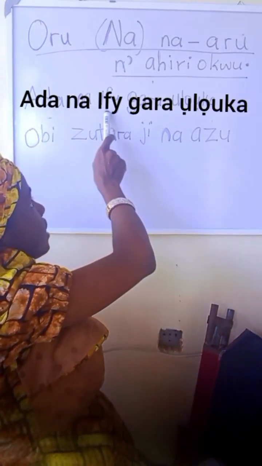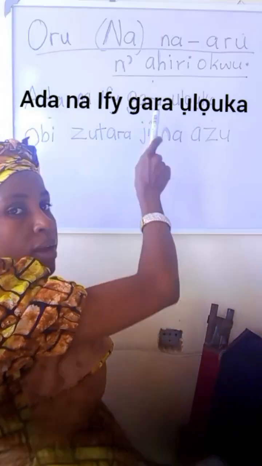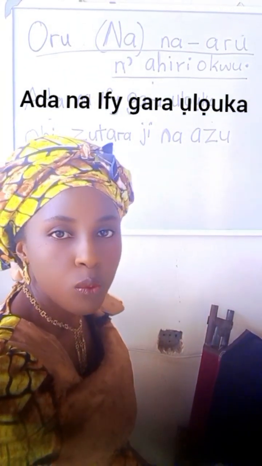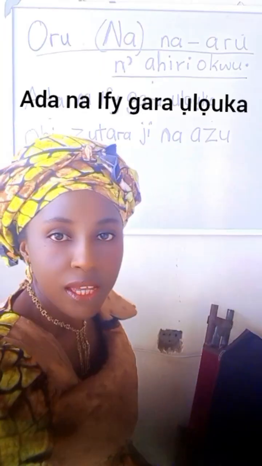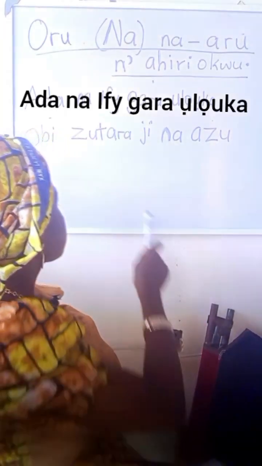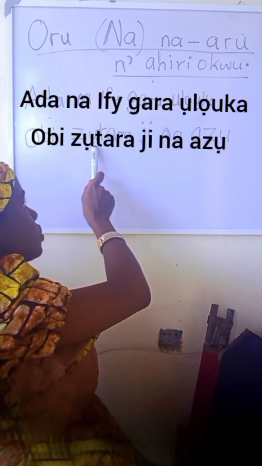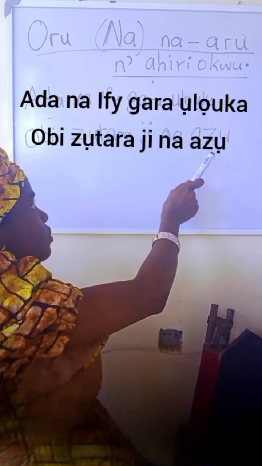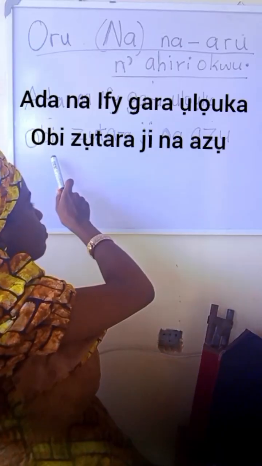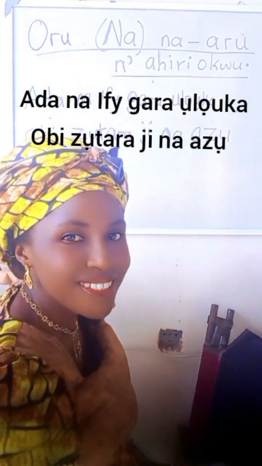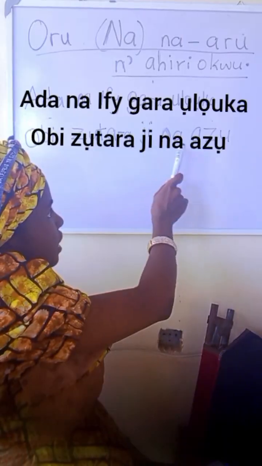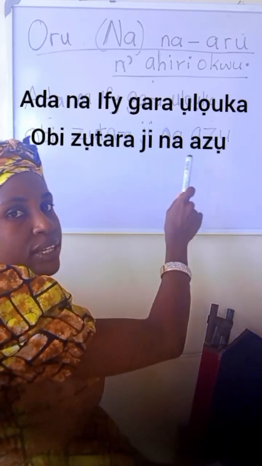Ada and Ifi went to the church. Now, na in this regard is and. Second is Obi zụtara ji na azụ. Obi bought yam and fish. Na is joining yam and fish, ji na azụ.